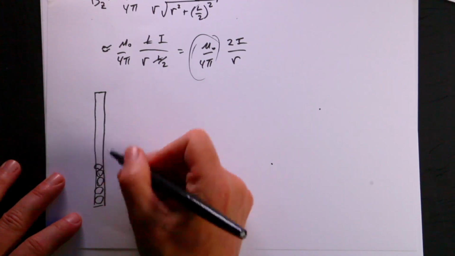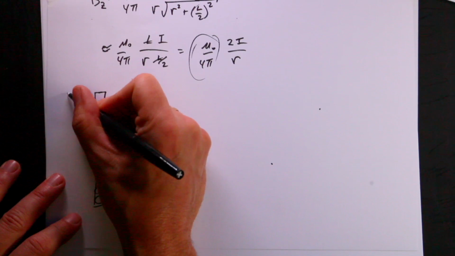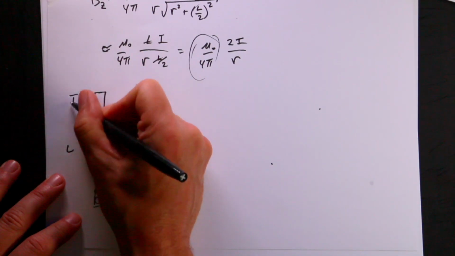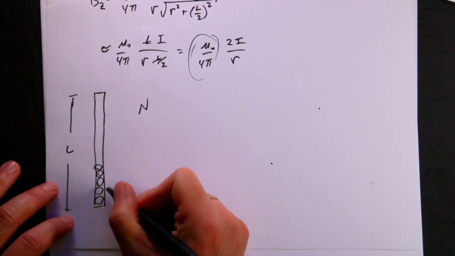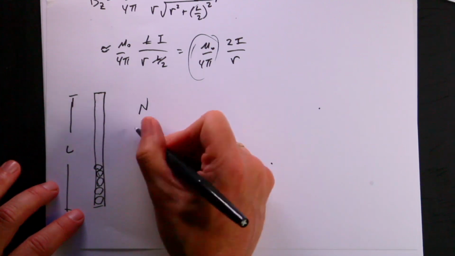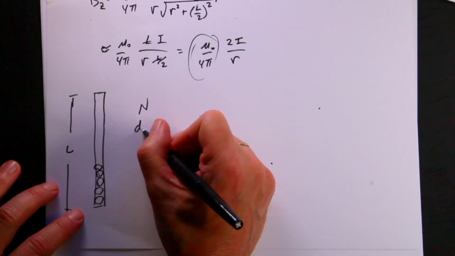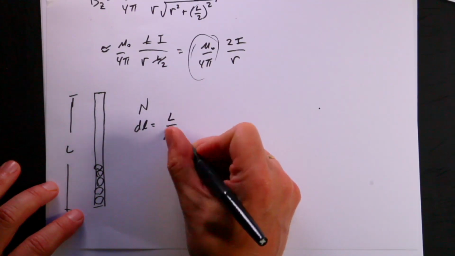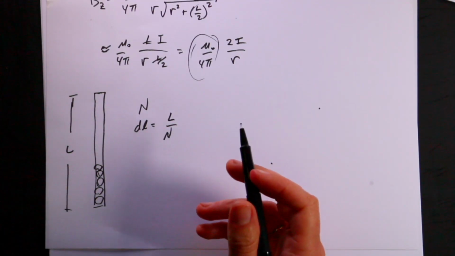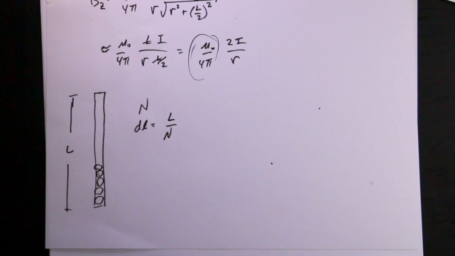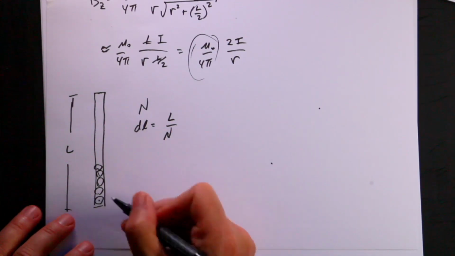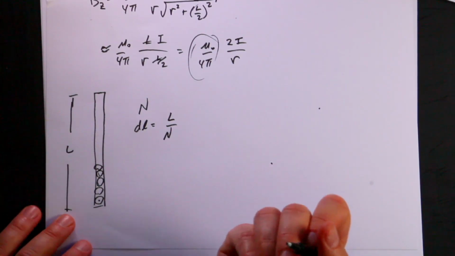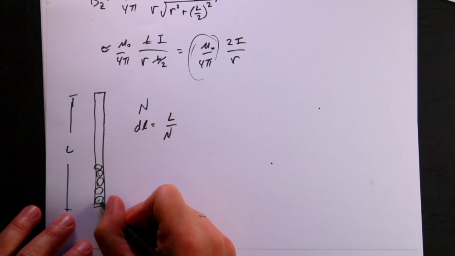I'm going to break this into n pieces, and the wire has a length L. If that's n pieces, then the length of each piece, dl, magnitude, is going to be the total length divided by the number of pieces. I'm going to make this as simple as possible, so there are going to be some approximations. I'll just start down here. I'm going to let n be really large.